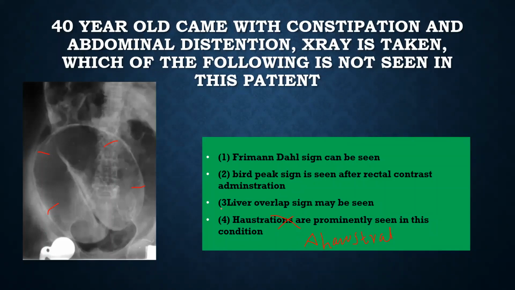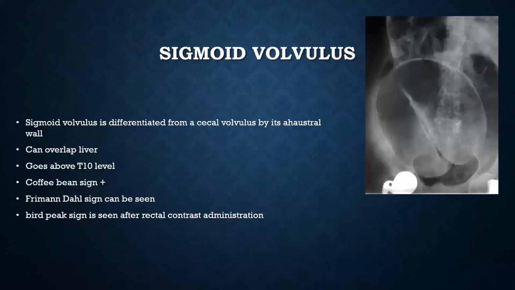That is a classical imaging point in sigmoid volvulus. So sigmoid volvulus can be differentiated from cecal volvulus because of its ahaustral wall. This is the most important differentiating point. Also remember, usually the sigmoid will go above the T10 level. Then the coffee bean sign, just remember the Frimann-Dahl sign and bird's beak sign. That is not much important, but the most clinically important point is ahaustral walls in sigmoid volvulus.